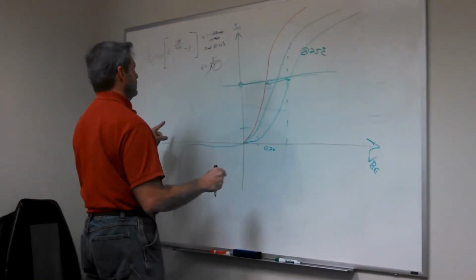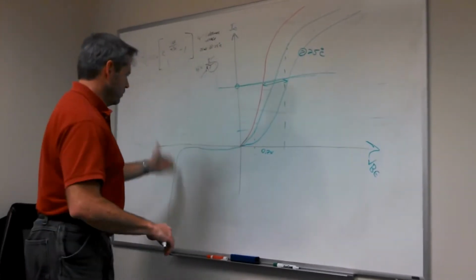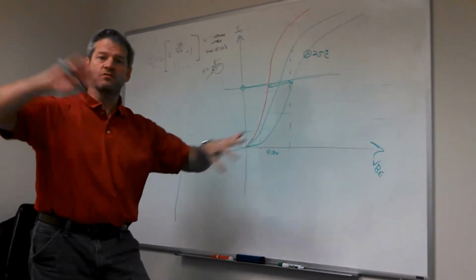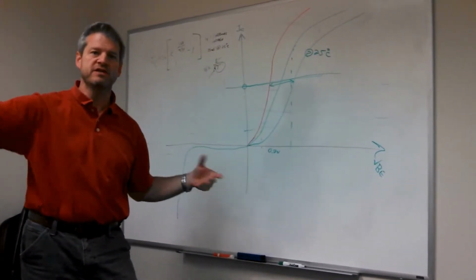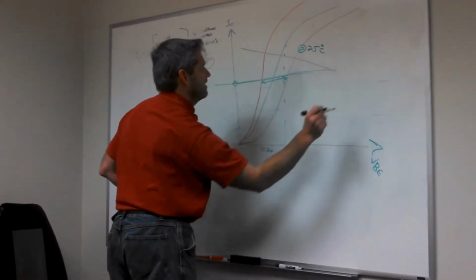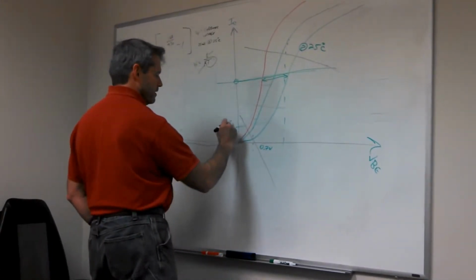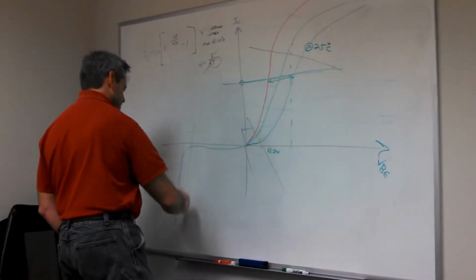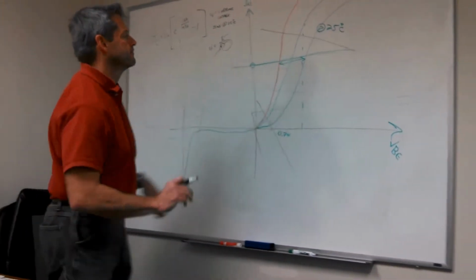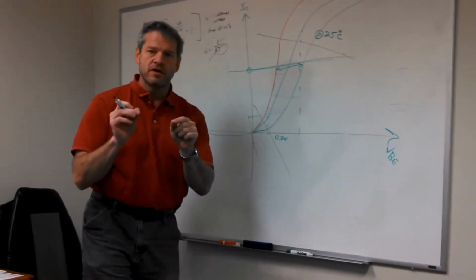Think about this as a piecewise linear type function. So you've got a breakover that happens right here somewhere, another breakover here, a breakover there, a breakover here, and then another breakover there. So these are all your functions coming up. So this diode that you have has some resistance.